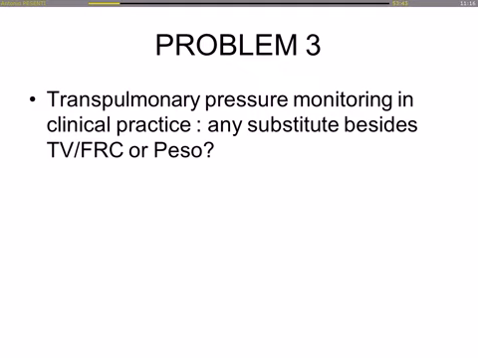So we should be able either to monitor or to estimate or to guess with a certain accuracy the transpulmonary pressure in spontaneously breathing patients. Why? Not because we like numbers, but because we like to prevent ventilator-induced lung injury in spontaneously breathing patients. Because we like spontaneous breathing because it preserves the diaphragm, it preserves the muscles, it requires less sedation.